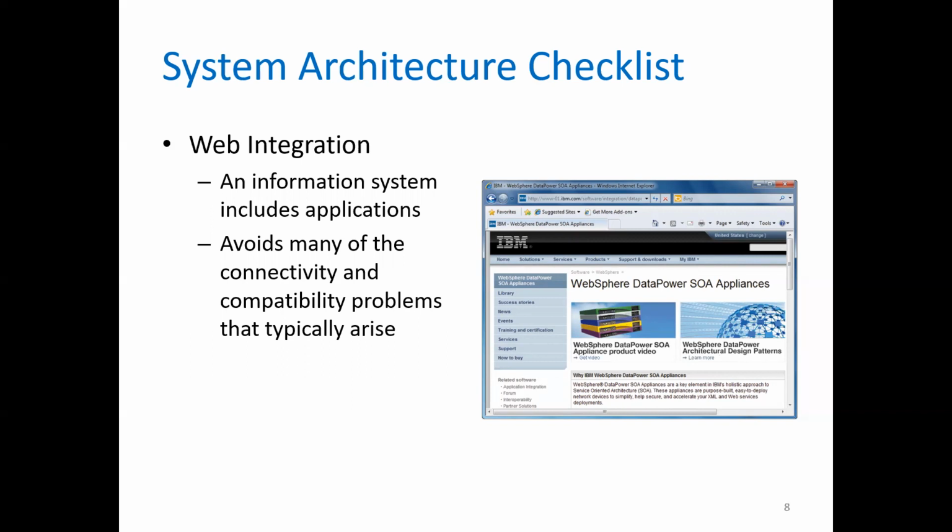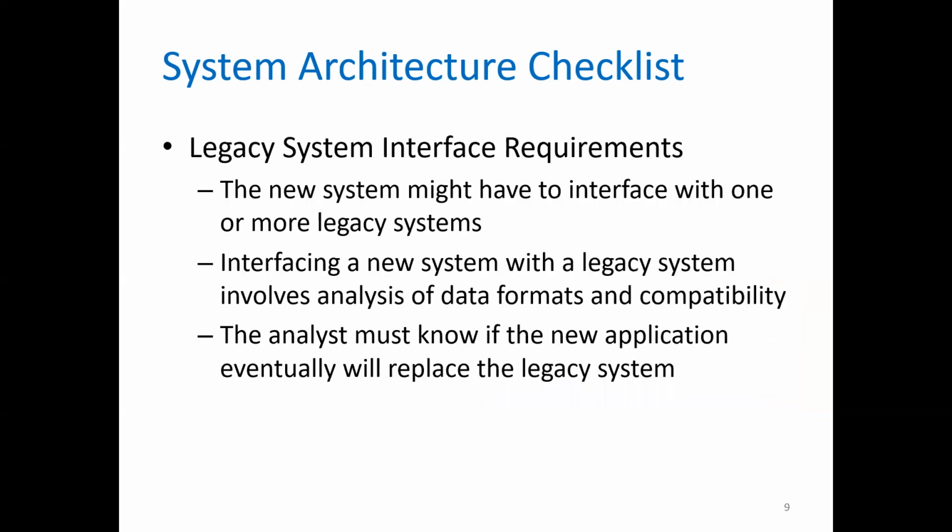Data that is sourced and structured from websites is referred to as web data. Use of the World Wide Web for information systems is considered an ideal solution in this technology-oriented world. It brings abundant ease of use, avoids in-house costs, and avoids many of the connectivity and compatibility problems that typically arise.